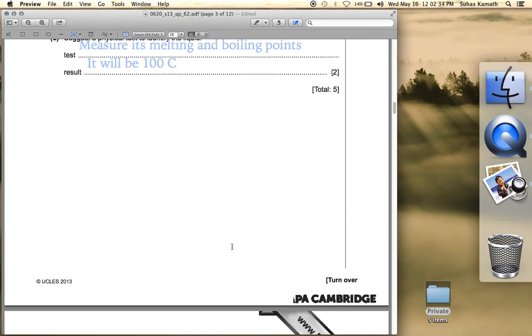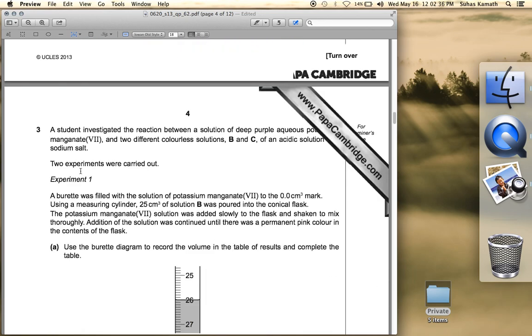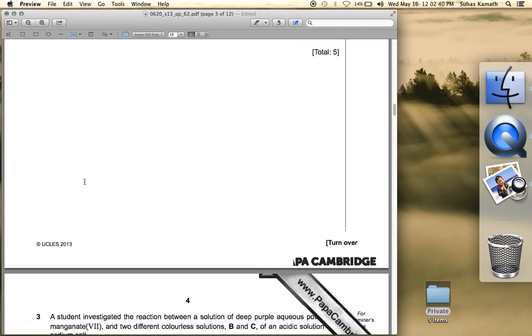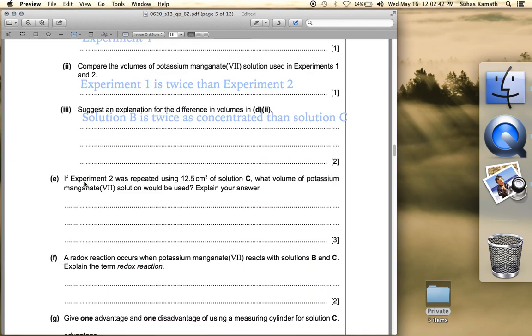Solution C, how much did they use originally? So they used 25, now they are using 12.5. So the volume used will be half as well. So in place of 13, it will be 6.5.